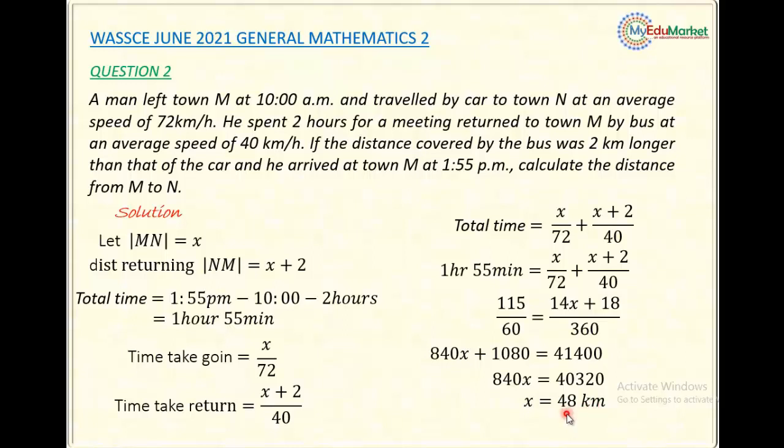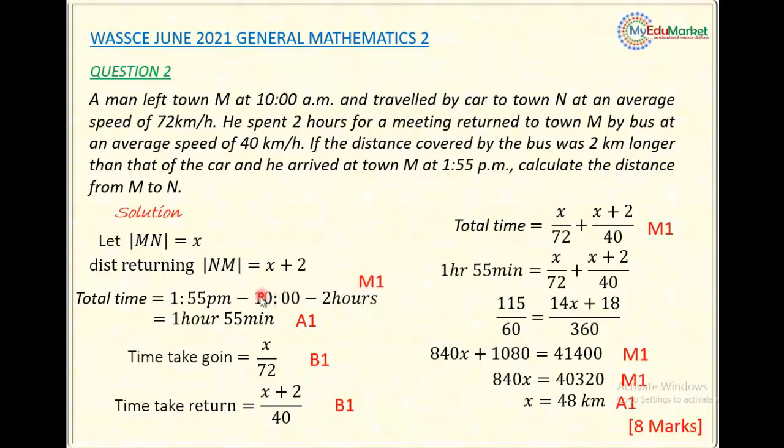So with this I have answered this question. Let me see the mark distribution according to the WAEC marking scheme for this question. The first mark is the M mark, meaning the method mark, where I attempt to get the total time taken for the journey.